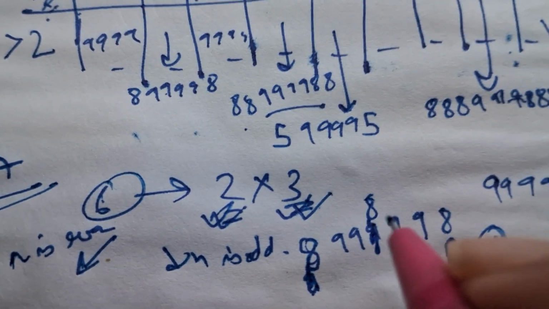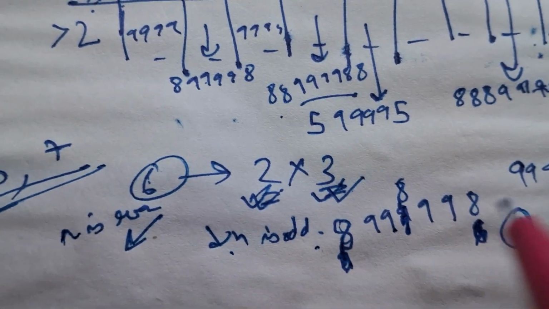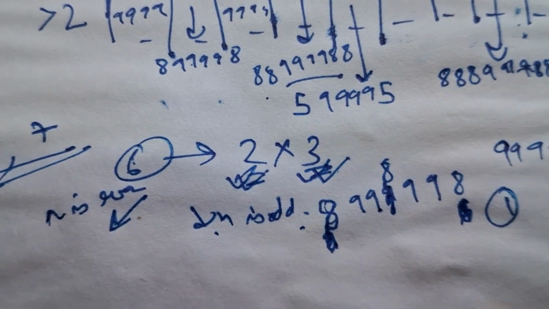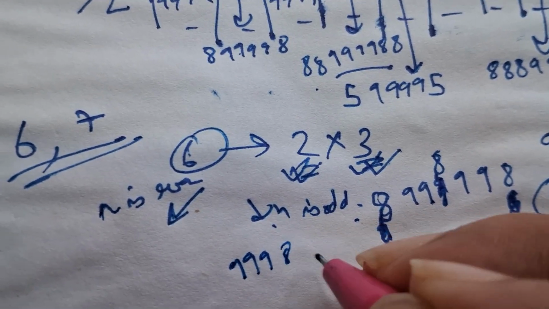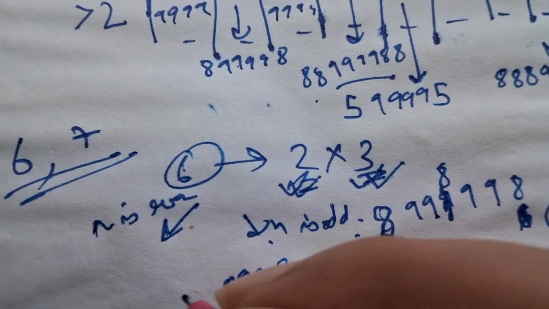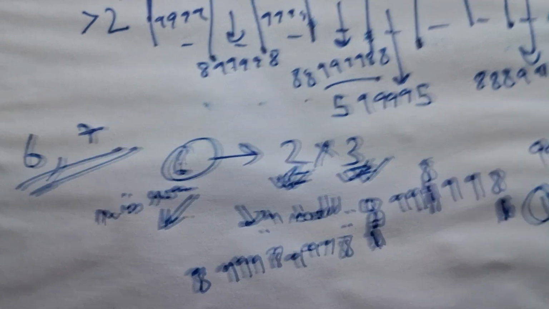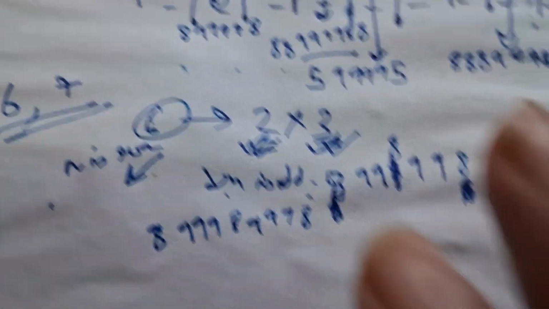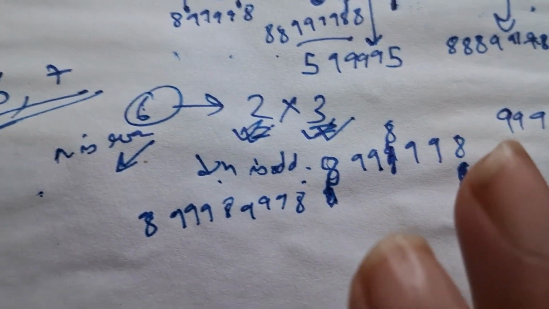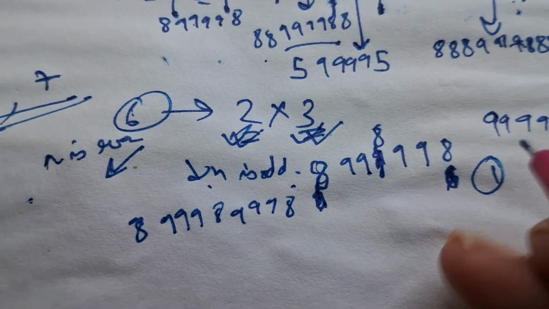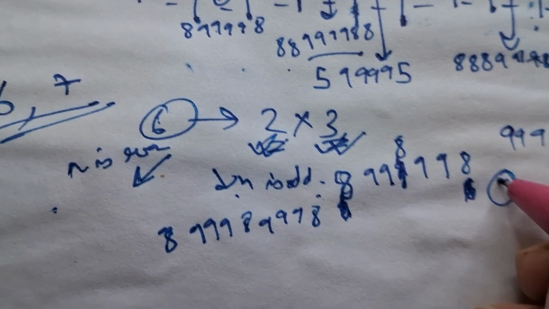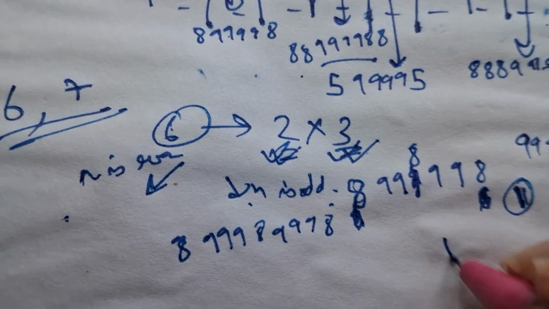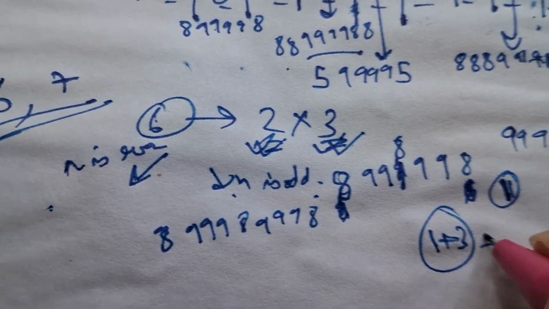But this is only possible when n is odd, because if n is even, there will be 2 middle elements, right? So if n is odd, the middle element is 8 and the extreme elements are 8. But if n is even, you have to change both the middle elements. The trick is that you can subtract 1, or you can even subtract 1 plus 3, that is 4.